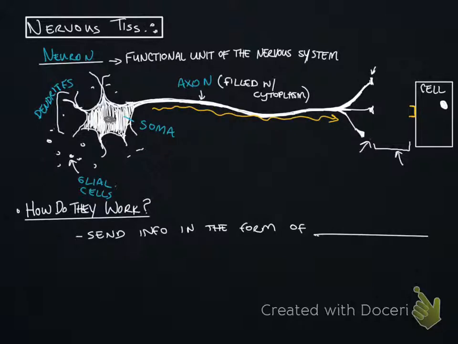Neurons pass this information in the form of electricity. And we call those action potentials. They send the action potential down the axon of the neuron towards the axon terminal, to the axon knobs or terminal knobs, and then send a message across this space here called the synapse.